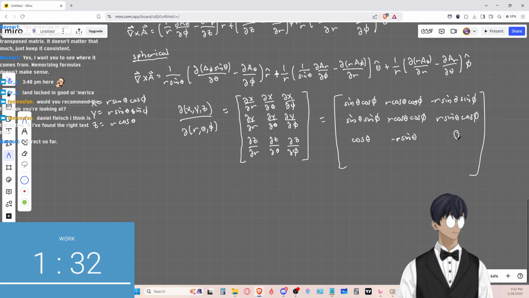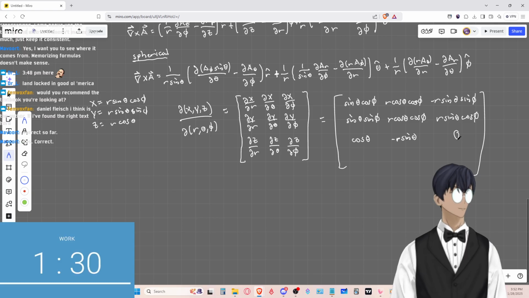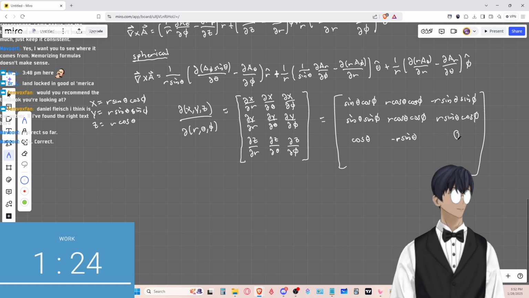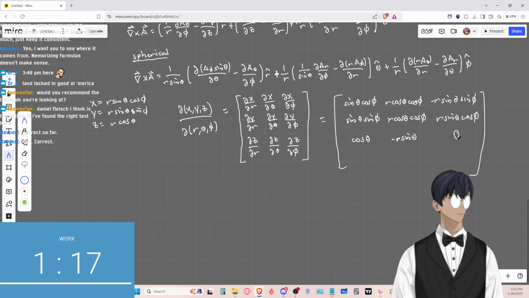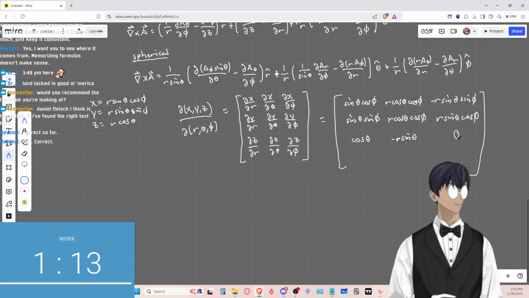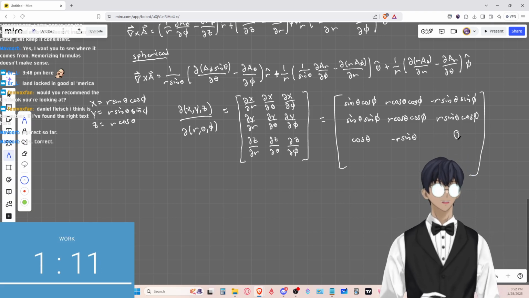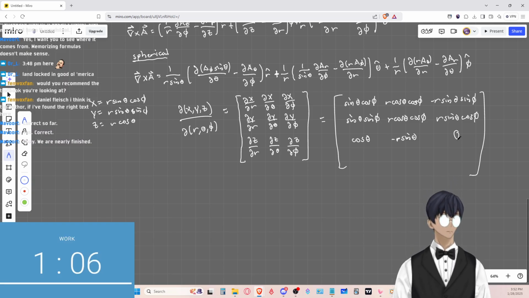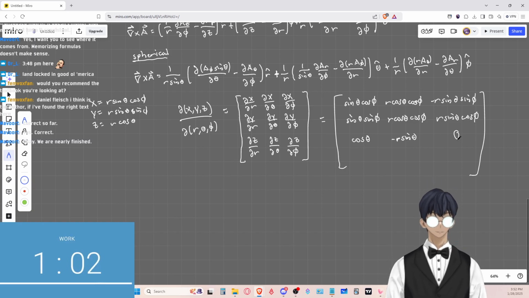I get your point. Would you recommend a textbook? A textbook you are looking at? Daryl Lynch, I think, is the author, if I found the right text here. Yeah, I would recommend it. Well, it's technically not a textbook, it's just a book, A Student's Guide to Vectors and Tensors.